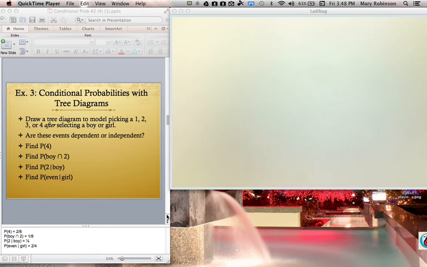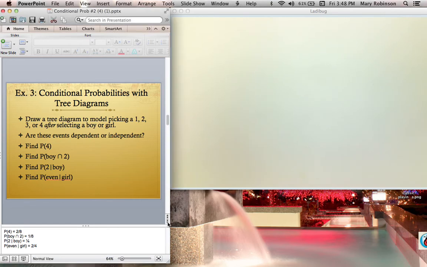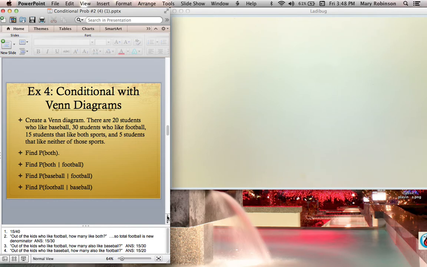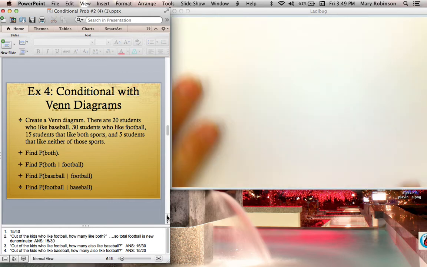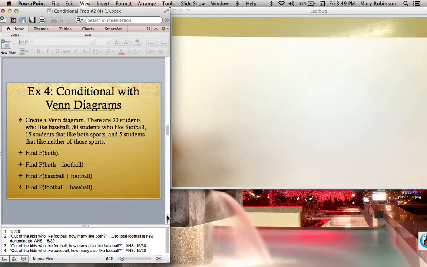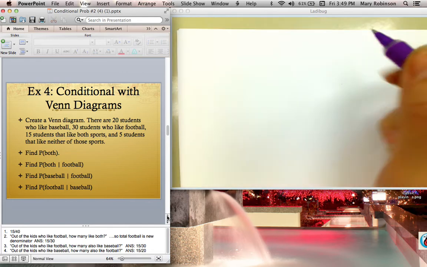Next, we're going to move on to example 4, conditional probability with Venn diagrams. This says to create a Venn diagram. So what you want to do to create a Venn diagram is determine how many different categories there are, so you know how many circles to include in your Venn diagram.